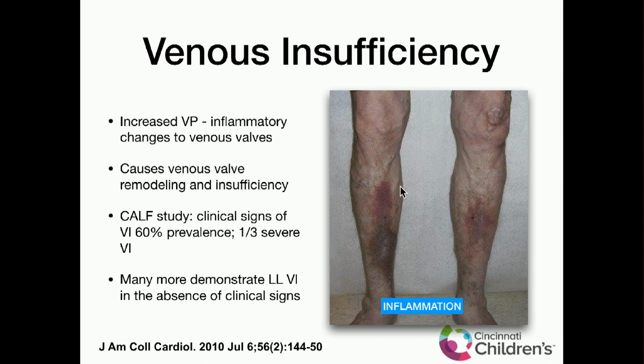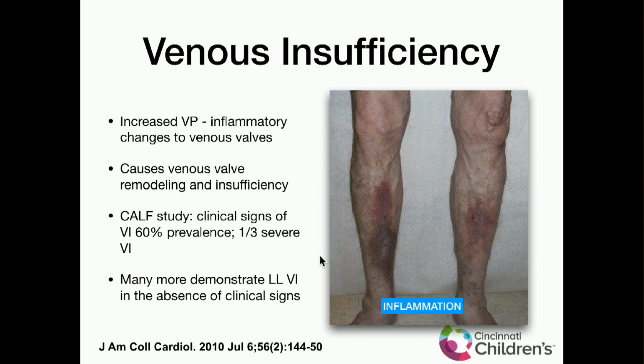Now, what was interesting about this data is that many patients had signs of venous insufficiency or venous valve insufficiency in the absence of necessarily clinical signs of venous insufficiency. And the theory really is that high venous pressures may induce inflammatory changes in the venous valves, causing venous insufficiency.